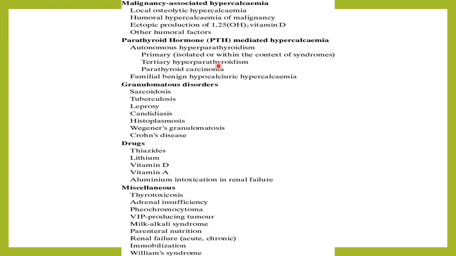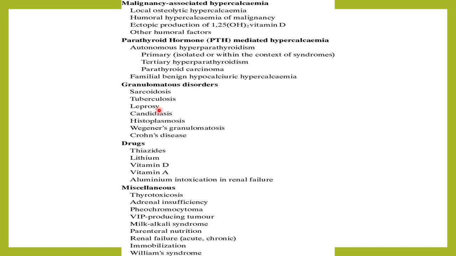Then you have familial benign hypocalciuric hypercalcemia that occurs because of a gene mutation in the calcium sensing gene. Certain granulomatous diseases, like sarcoidosis, tuberculosis, candidiasis, histoplasmosis, leprosy, etc. Patients can have increased calcium level because of increased alpha hydroxylase activity, which is seen in the macrophages and the giant cells, and that helps in the conversion of 25 hydroxy to 1,25 hydroxy vitamin D, which can increase the level of calcium.